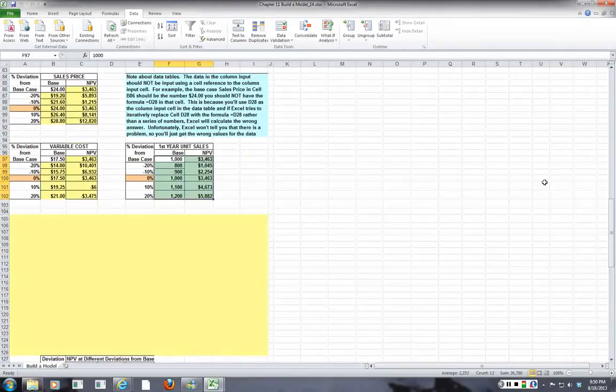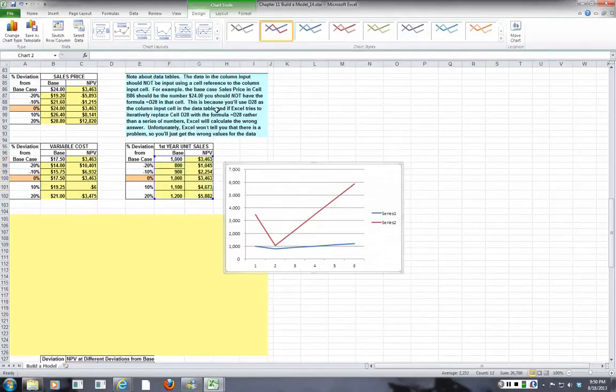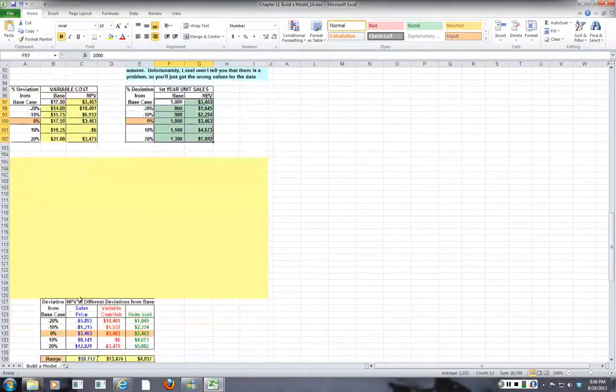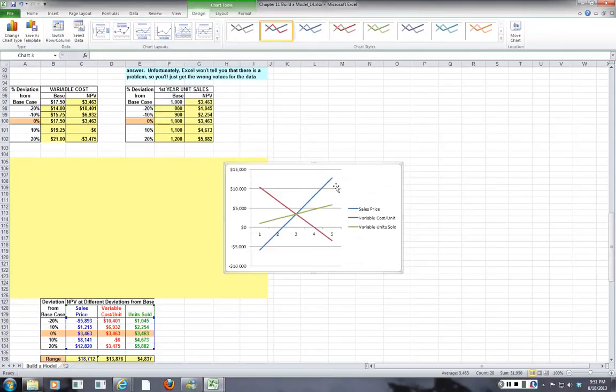So let's see if we can get that graph here. I'm going to go over here, and I'm going to go to the line one here, and I'm going to click on this one so that we get, oh, that isn't what I want. Let me just see if I can move that out of here. Now let me go up and see insert. Okay, here we go.